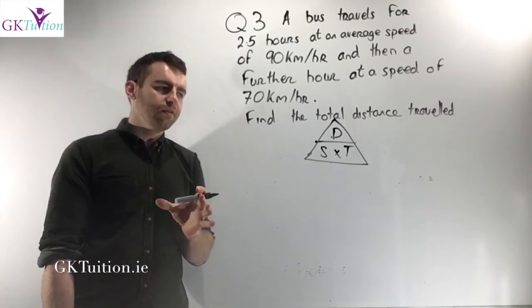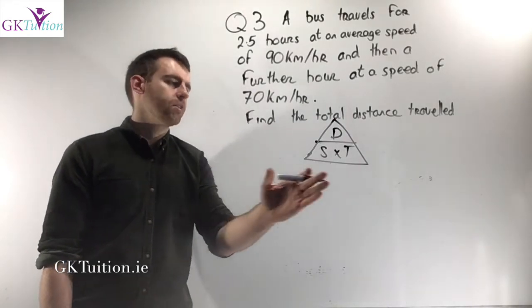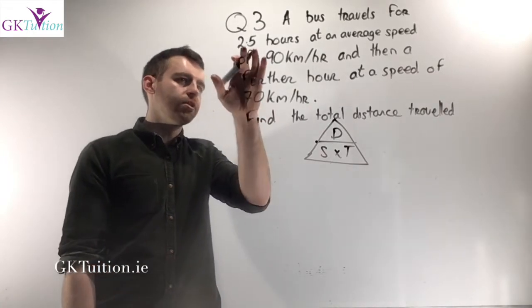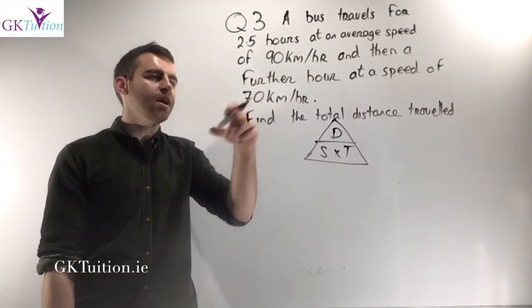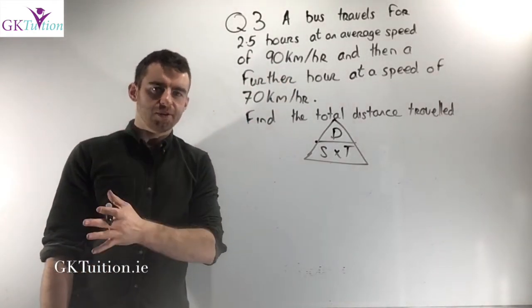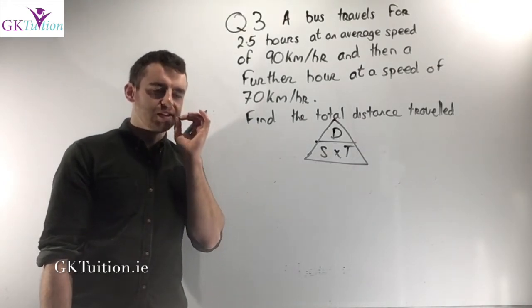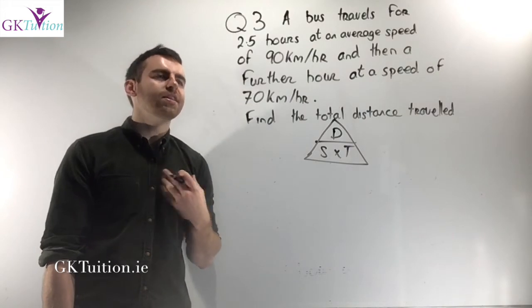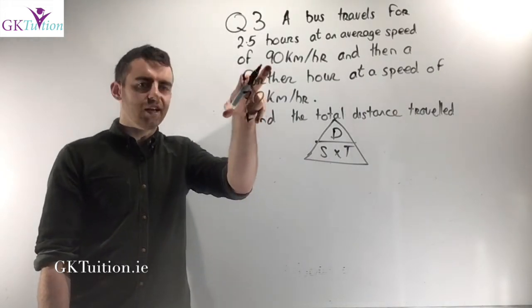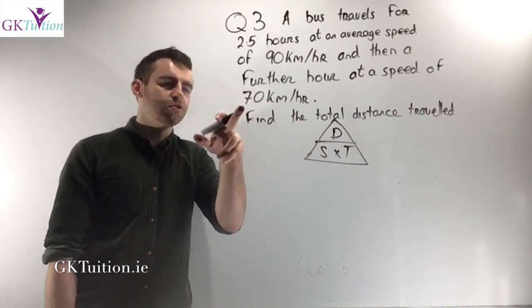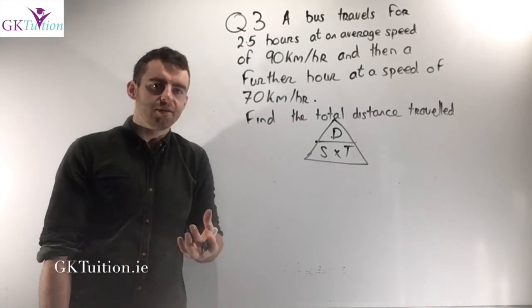However, we need to view this as 2 separate journeys. In this scenario, for the first 2.5 hours, he's at a certain speed, and then for the last hour, he's at a different speed. If we're going at 2 different speeds, we need to take this as 2 different scenarios. Find the distance travelled at 90 kilometers an hour, and then find the distance travelled at 70 kilometers an hour and add them together.